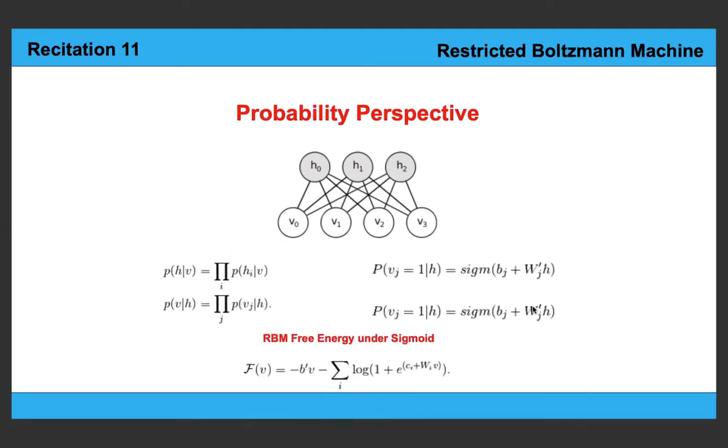And then because we usually assume that the Vj would only be 0 and 1, we would obtain from these two functions the probabilistic version of the usual neural activation function, and we choose the sigmoid. After that, we can rewrite the free energy function into this form, which is quite explicit.